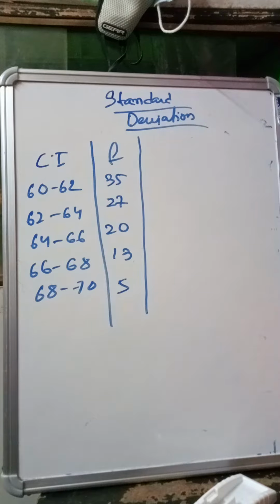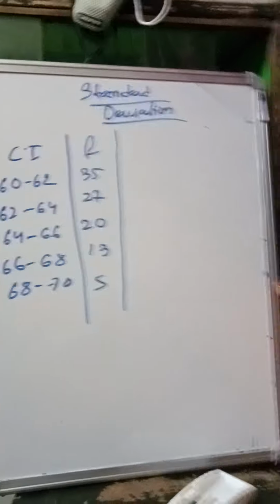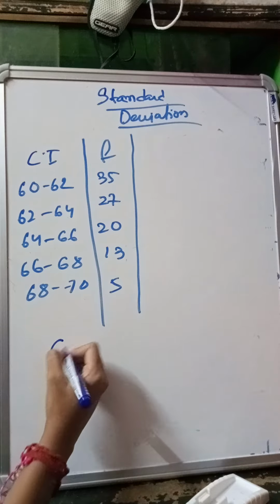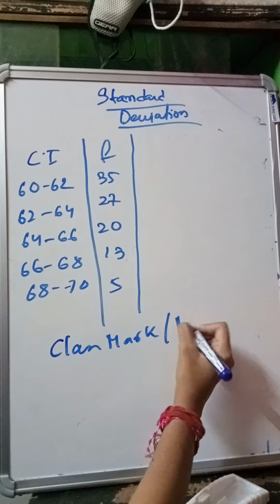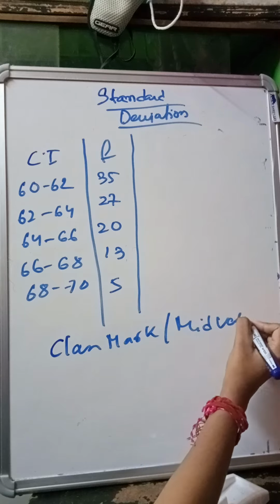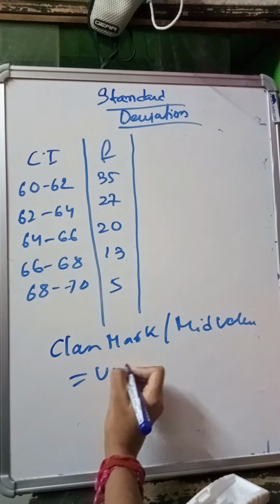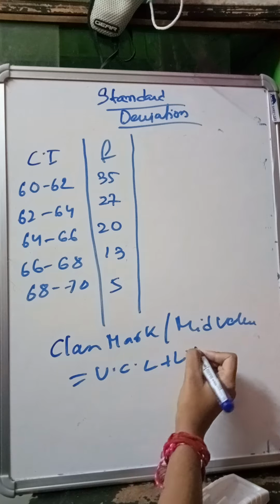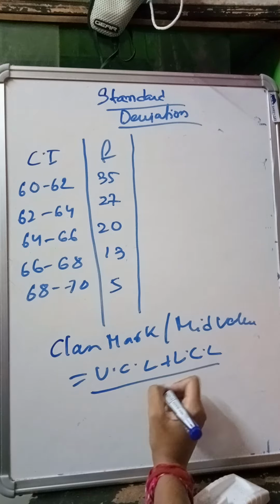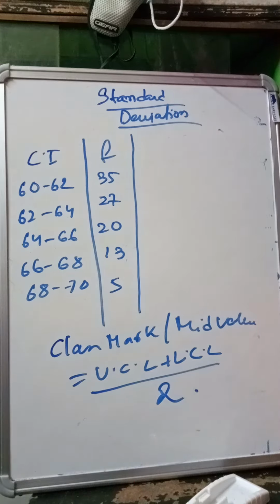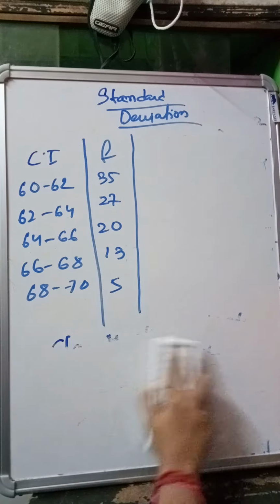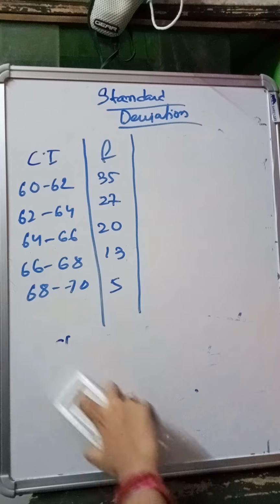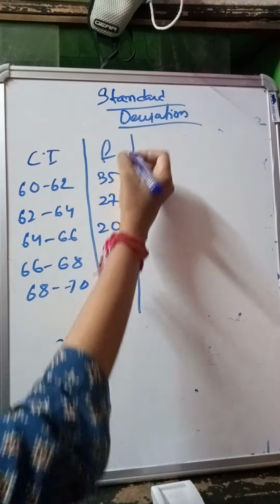The formula for class mark or mid value is the upper class limit plus the lower class limit divided by 2. In each and every case we have to find the mid value. I am defining the mid value as x.